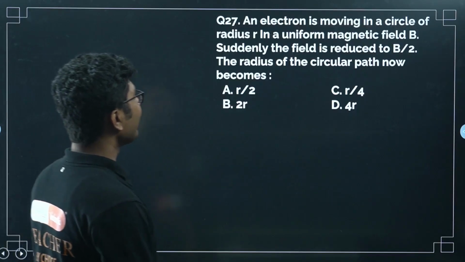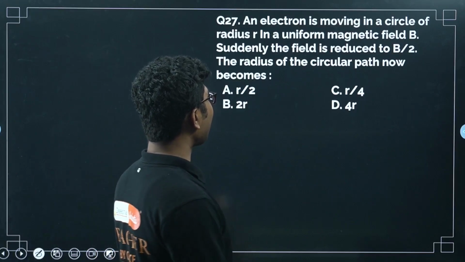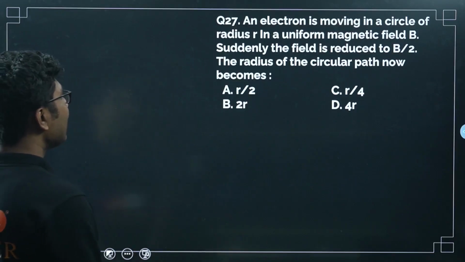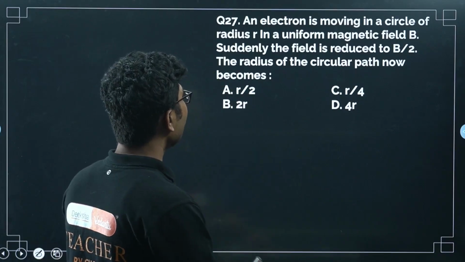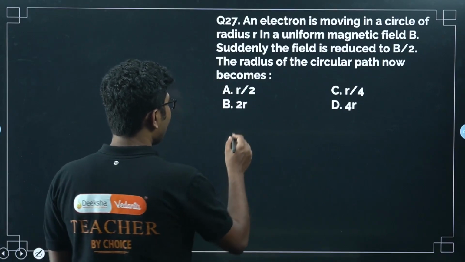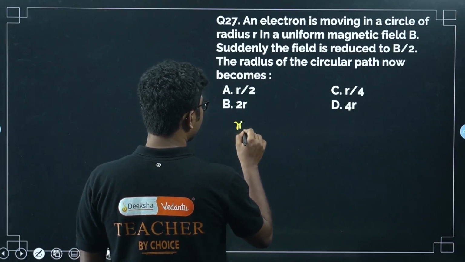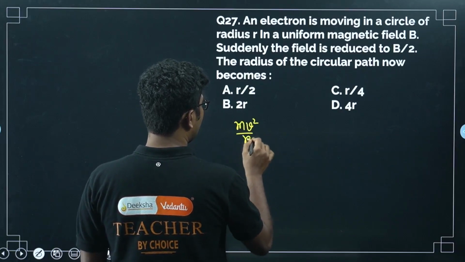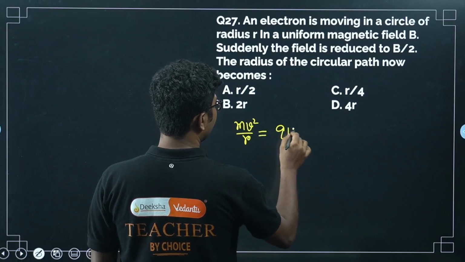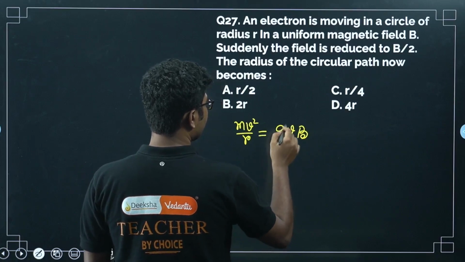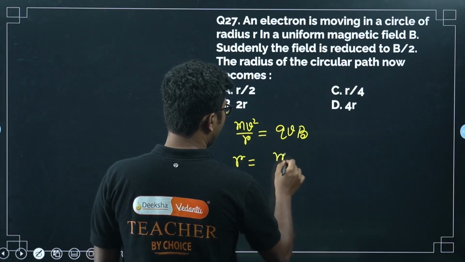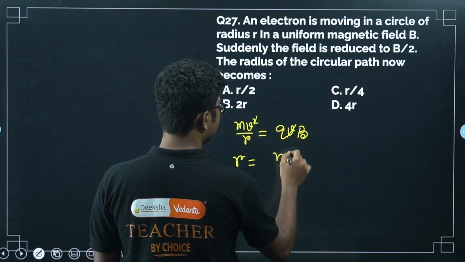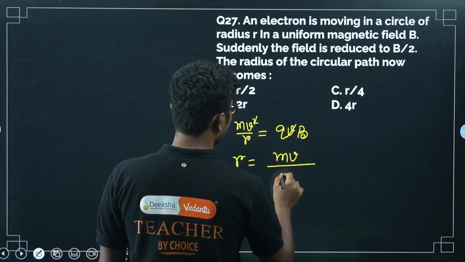Now, an electron is moving in a circle of radius R in a uniform magnetic field B. Suddenly, the magnetic field is reduced to B by 2. What is the radius of the circular path? Again, same formula, mv square by R is equal to QvB. So R is equal to mv by QB.